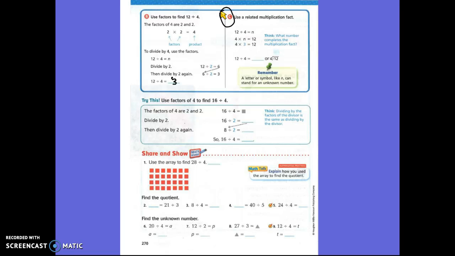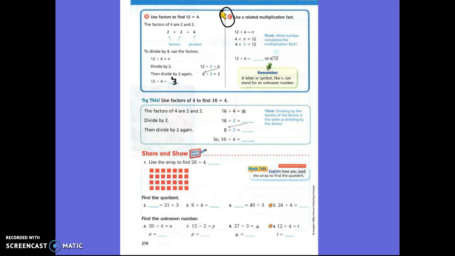Use related multiplication. Yep. If you know your multiplication facts, you should be able to find division answers. Because you should know that something times something else equals that number.